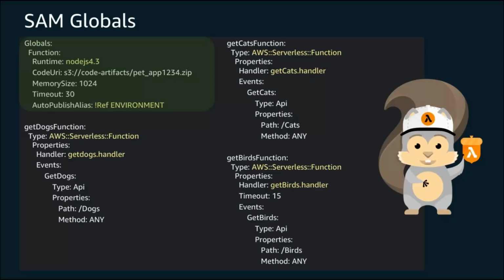And so by putting these inside of the globals, these actually impact all of the Lambda functions that you see defined here. So when you look at the 3 Lambda functions that are defined, you'll see that I actually do not have any of those attributes defined in them themselves. And so what you can do with globals, much like it seems, is define standards for an application inside of a SAM template and have them be deployed continuously or evenly across all of those functions.